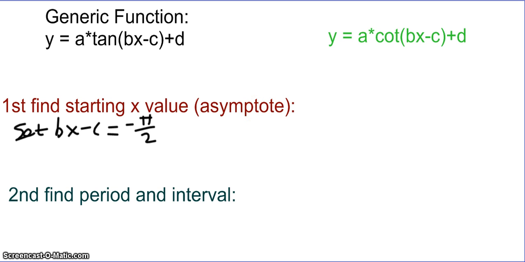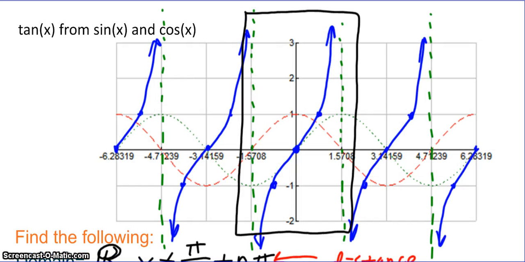So this is tangent that I'm showing you here. For tangent, we want to set bx minus c equal to negative pi halves. The reason we want to do that is, if you remember back when we looked at our tangent graph, I told you that this period, which I've boxed in, is the standard period for tangent, and it starts at an asymptote of negative pi halves.